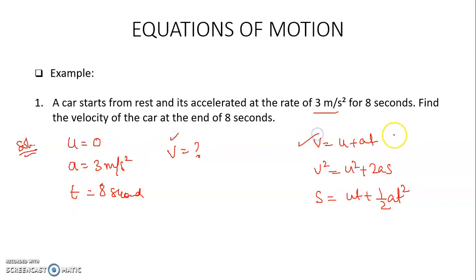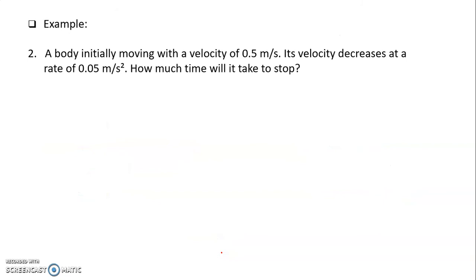So it's very clear that we are going to use the first equation of motion. Alright. So place the values. v is equal to 0 plus a, that is 3 into t, that is 8. So that gives you 24 meter per second. I hope it's clear to you guys. If you're facing any problem, then you can please mention it in the comment section.